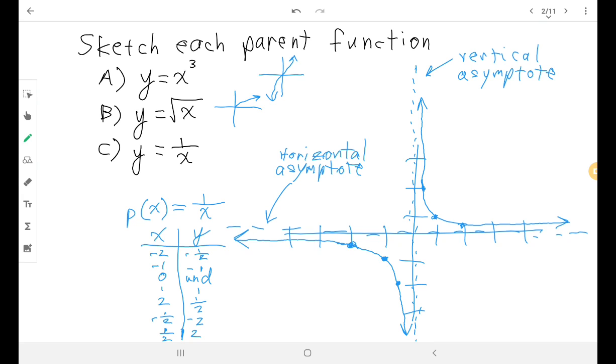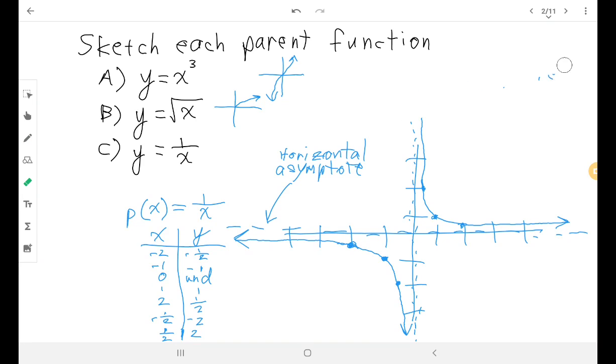Strange looking word, right? And these asymptotes, you can't cross them, you can't touch them, but you can come infinitely close to them. So they're this weird sort of line, but they're pretty important. And this is just what y equals 1/x, that parent function, looks like.